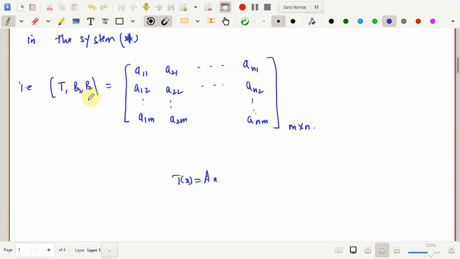Now most often the bases are not mentioned. So in that case, for that particular vector space we will stick to their standard bases.